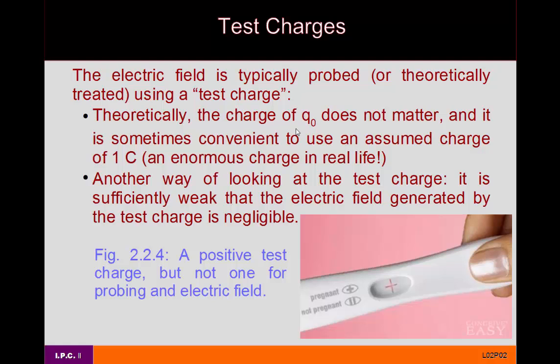Theoretically, the charge of q naught does not matter because we can pretend that it is not coming with its own field, since the purpose of it theoretically is just to test the existing field. Sometimes we do something convenient like assuming that this test charge is 1 coulomb, which is actually an enormous charge in real life.